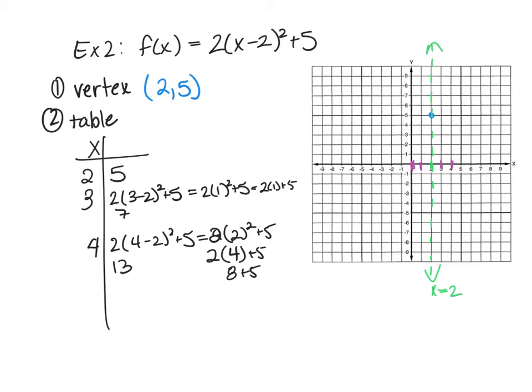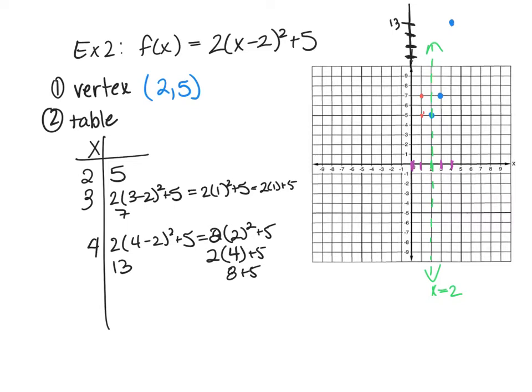So this is going to go off my graph. I'm going to need to extend this. 10, 11, 12, and 13. So I have the points (3, 7) and (4, 13). And then we're going to use that to reflect. So that is 1 away, so I can put a point right here, 1 away. I'll put those in red.